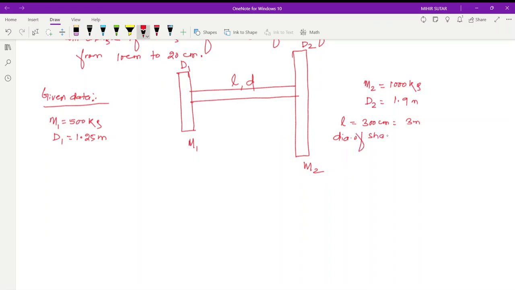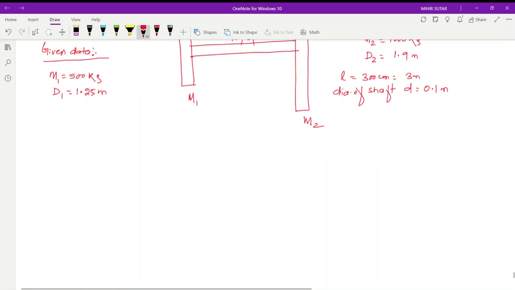Dia of shaft D is 0.1 meter, and modulus of rigidity for the shaft 0.83 into 10 to the power 11 Newton per meter square. These are the given data.